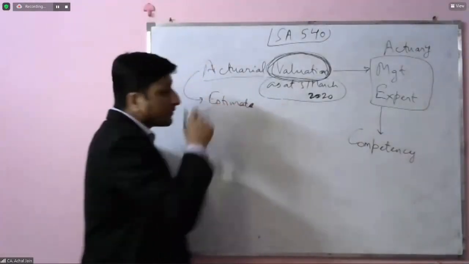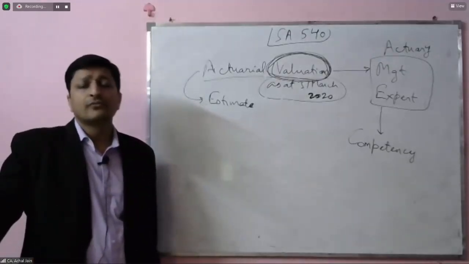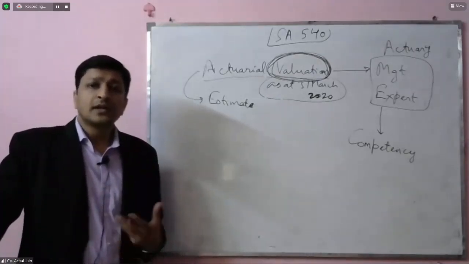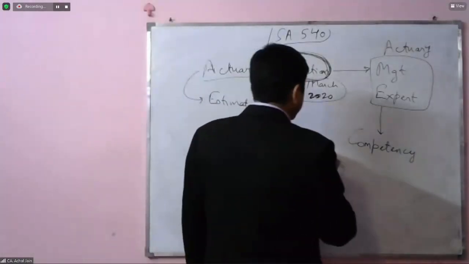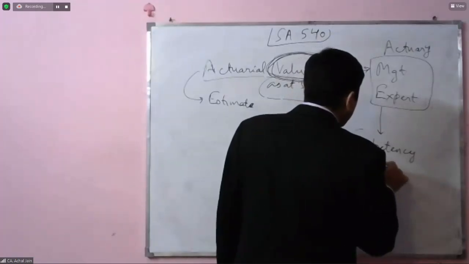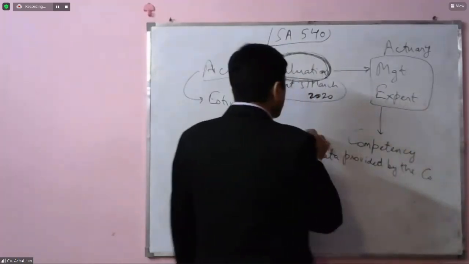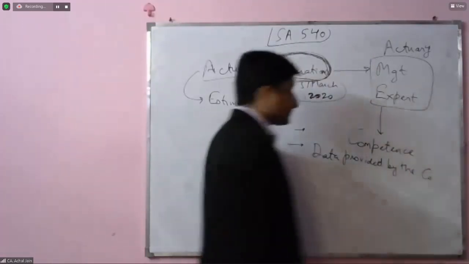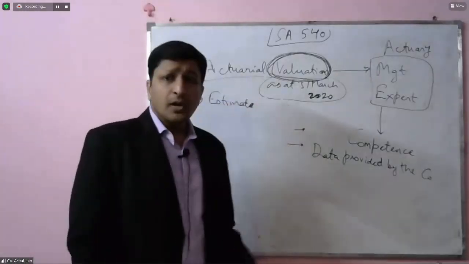Next, this expert will be using some data, because if he has to compute the amount of this gratuity liability, that will be based on data to be provided by the company to the actuary. Now this data needs to be checked by the auditor, because it's all about GIGO.